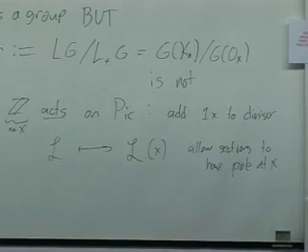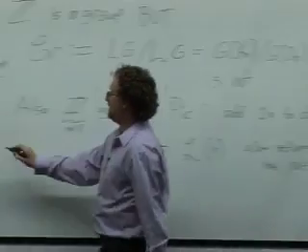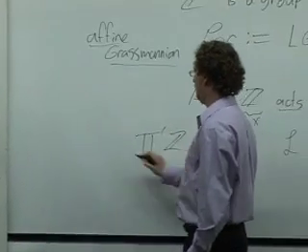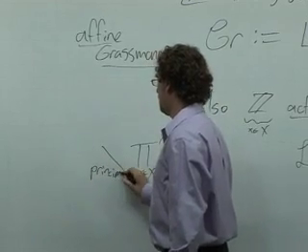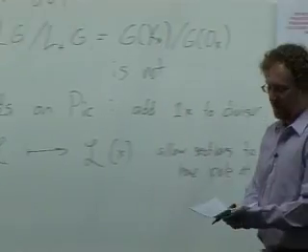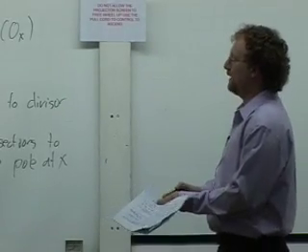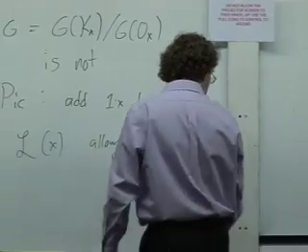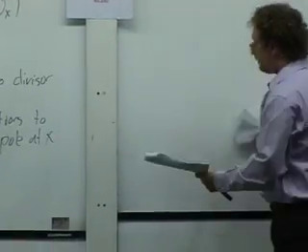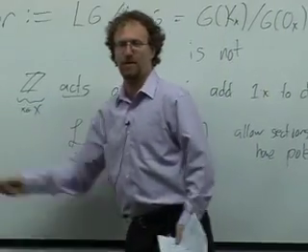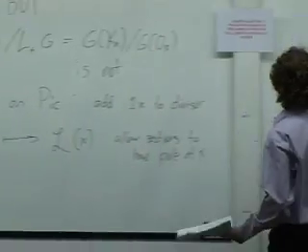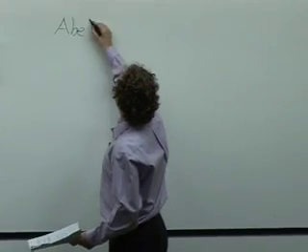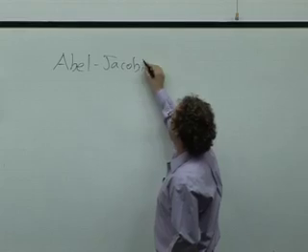So, of course, that comes from this description that Pic was really the product of Z's over each point x, modulo the principal divisors. So you could just act by each of these Z's. So there's a huge amount of symmetry to the Picard group. And in some sense, this is where the group structure of Pic comes from. So another way to say this is, let's return to the Abel-Jacobi map. I'll write it slightly differently than yesterday.